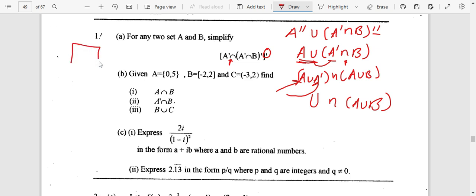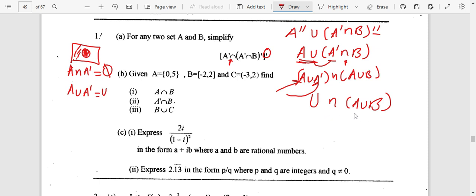You don't have the intersection of what is inside A with what is outside A. They can't intersect. But A union A complement is going to be the universal set because you are combining what is inside together with everything outside.